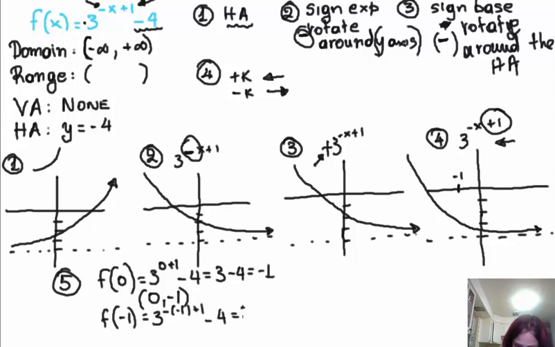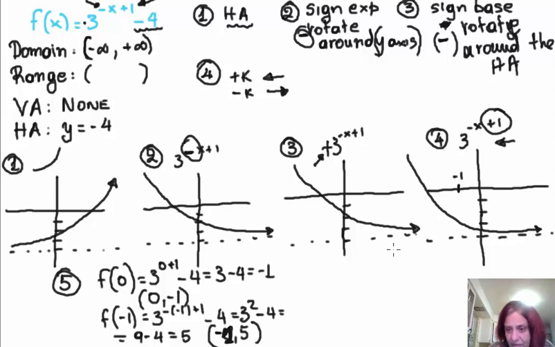And this is equal to 3 to the second minus 4, which is 9 minus 4. And this means that my number is 5. I'm sorry, the point is (-1, 5). That's my second point.